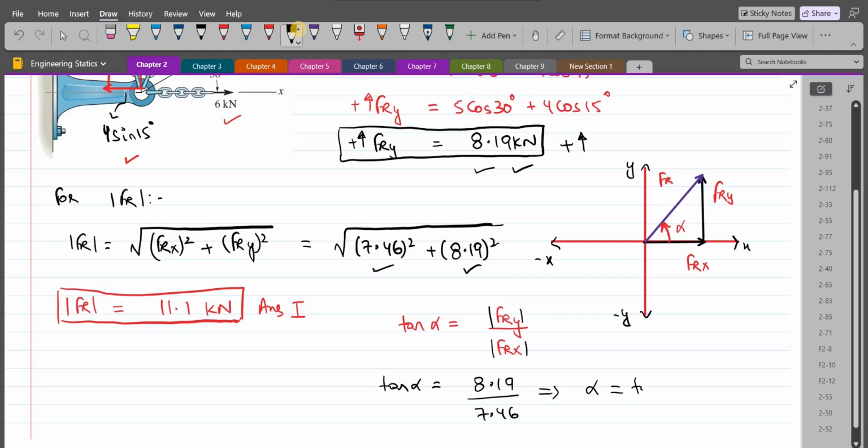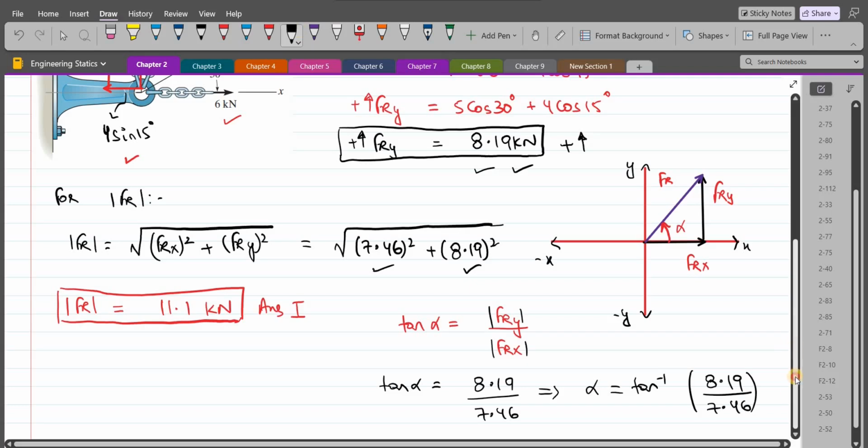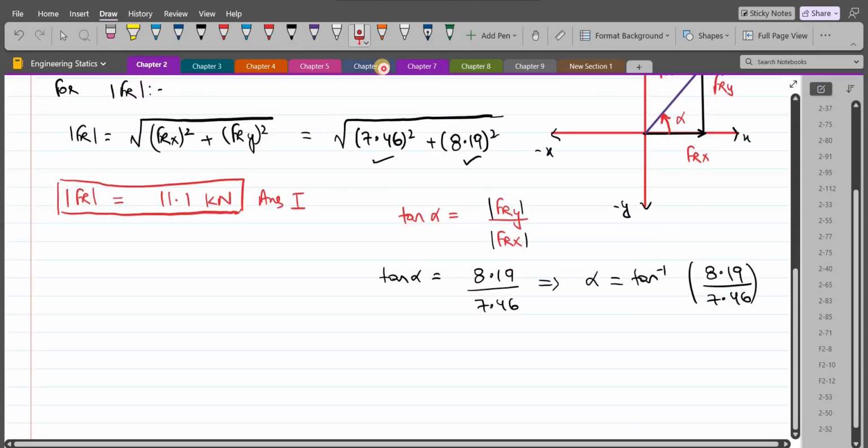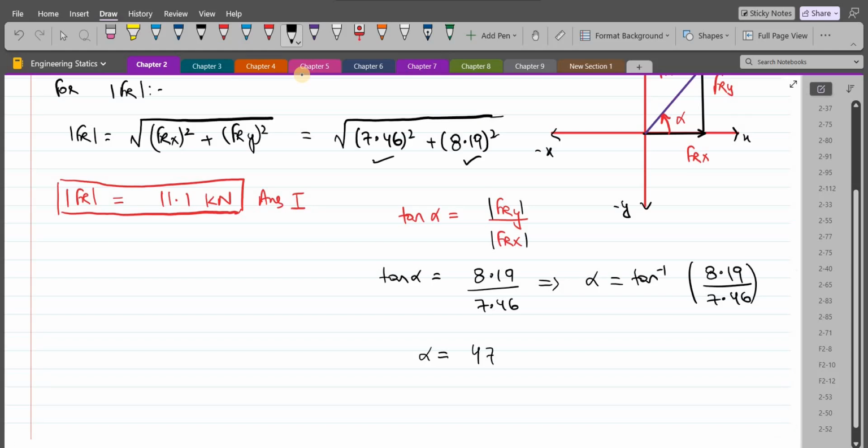Alpha is equal to tan inverse of 8.19 divided by 7.46. If we take the tan inverse of this value, then alpha comes out to be 47.7 degrees. So this is our second answer.